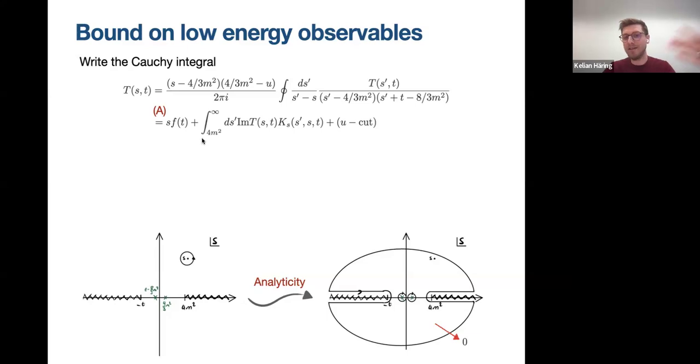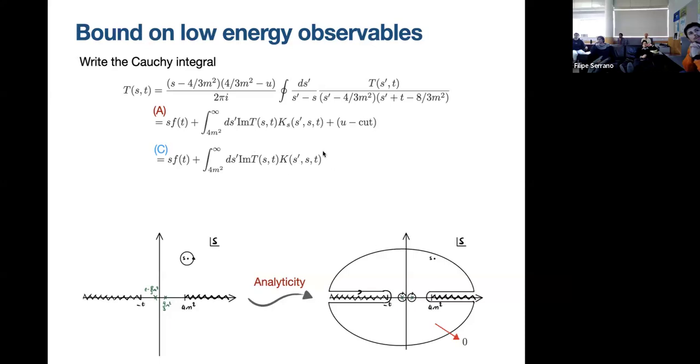Okay, so here we use analyticity because we deform the contour. The next step, we can use crossing. So using crossing, we can bring this left cut to the right side. And so we have now a single integral from 4m² to infinity of the imaginary part of the amplitude times, again, a kernel.